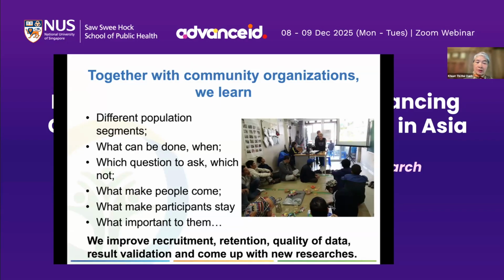We improve the quality of data. We can validate the results. When we have a finding, we discuss it with them: okay, this is the finding, why is this? What do you think of it? One time we got the finding that a very high percentage of people reported taking street methadone.